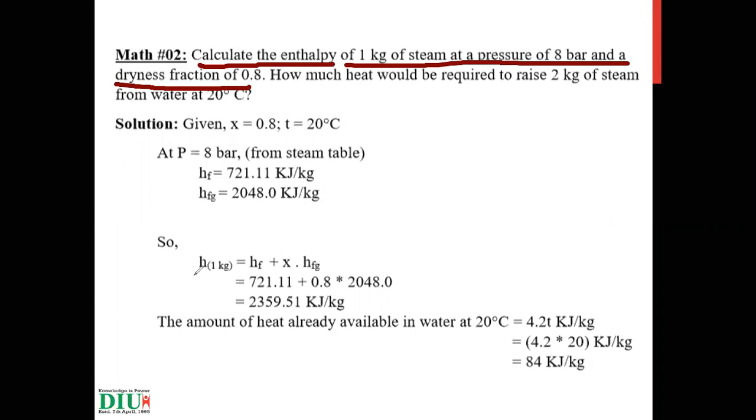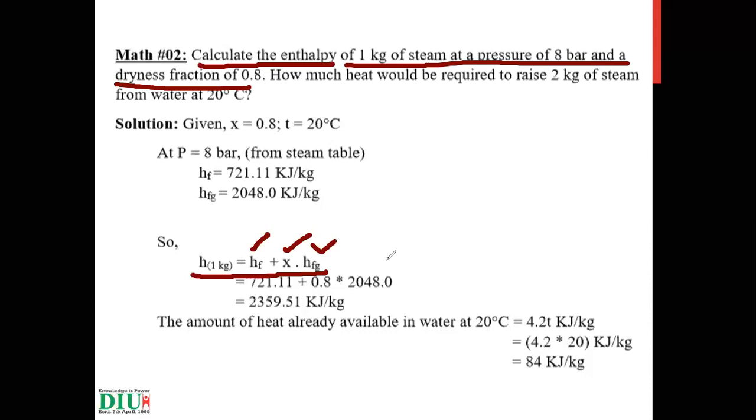So this is the equation for wet steam, H = HF + X into HFG, and the value of X is already given as 0.8, and we need to find out HF and HFG. From where will we find them? We will find them from the steam table.